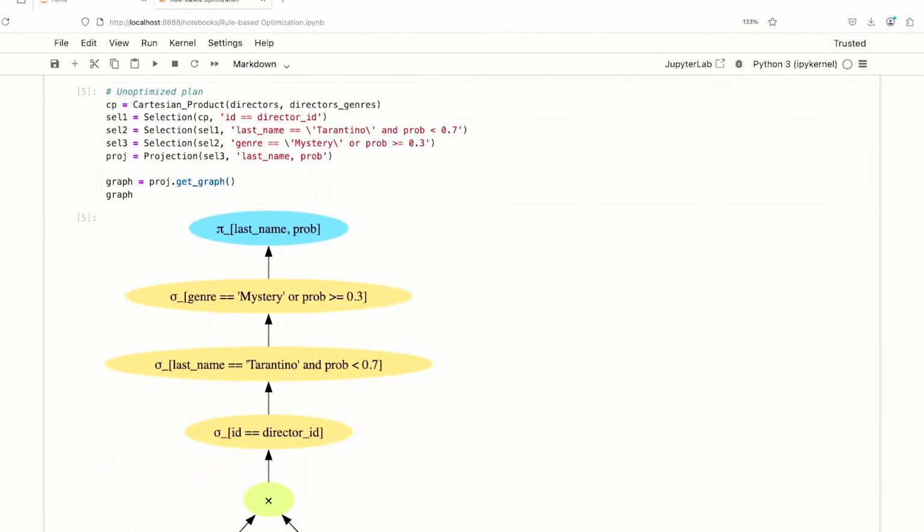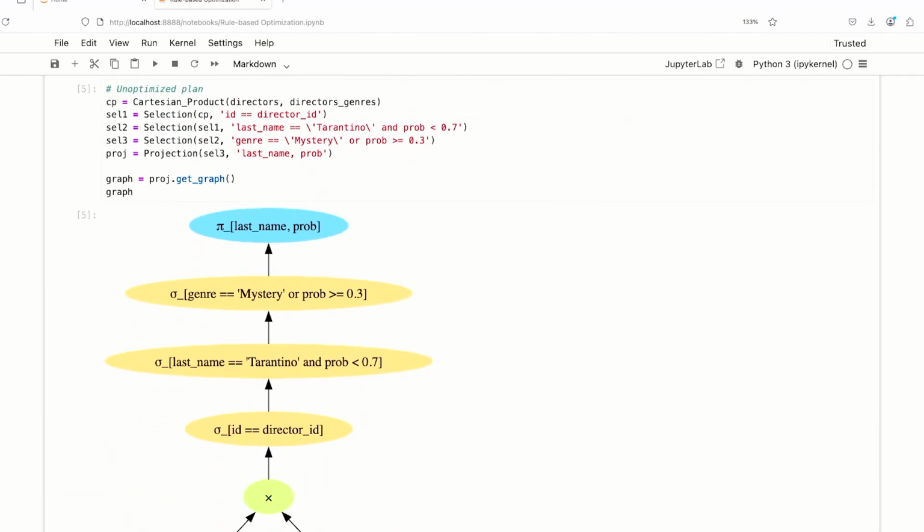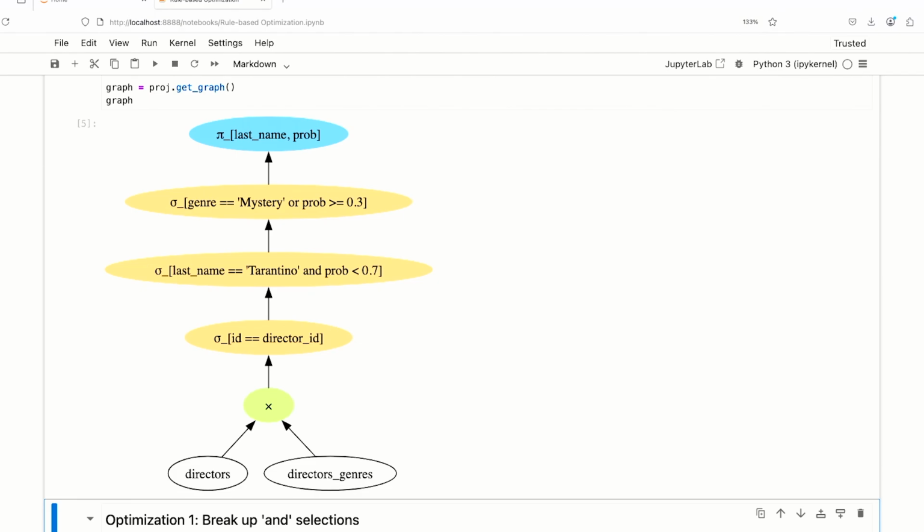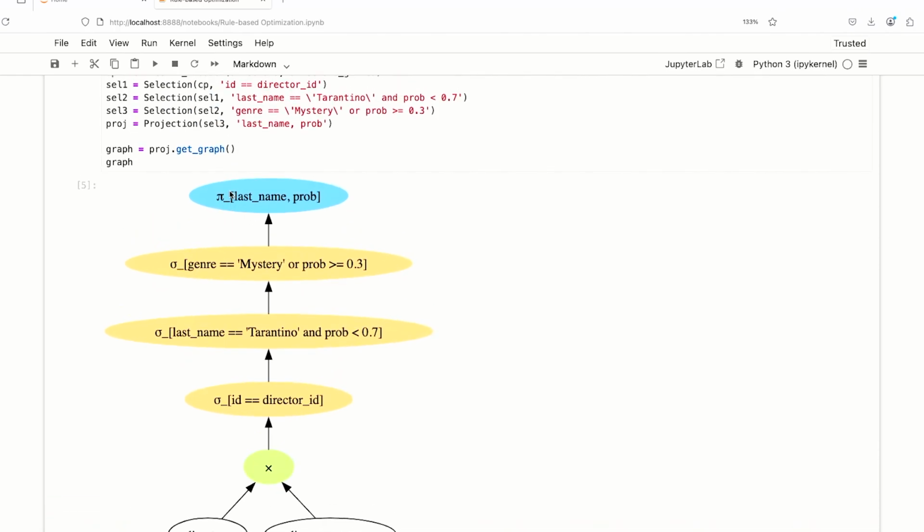And then we have our unoptimized plan. This is the canonical translation of some SQL expression with two tables in the from field and a couple of where conditions. What we see on top here is basically what's after the select in the SQL statement, so these two attributes, last name and prob, are in the select. So that is how we start.